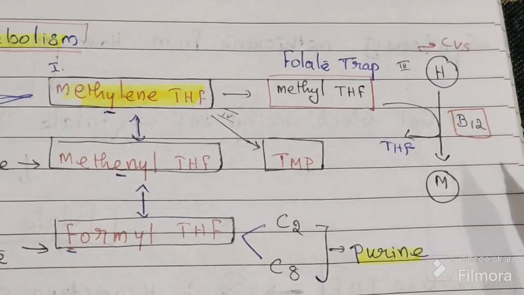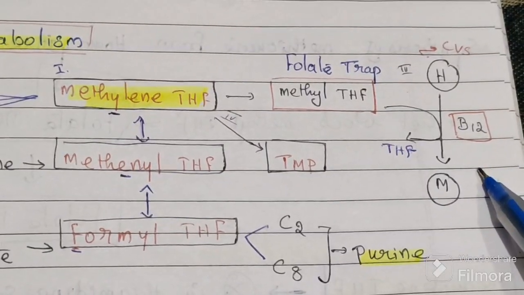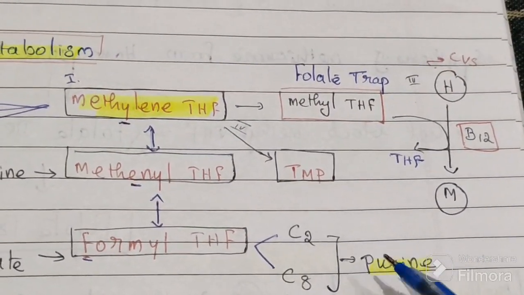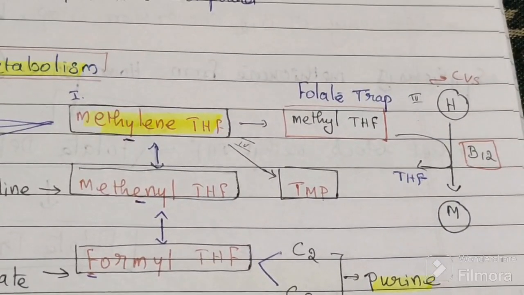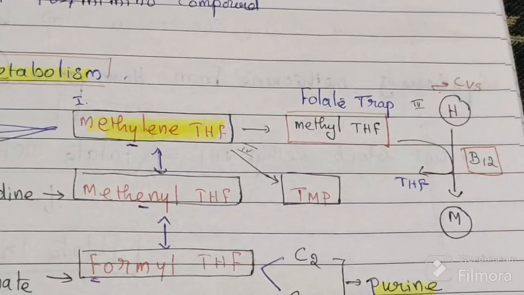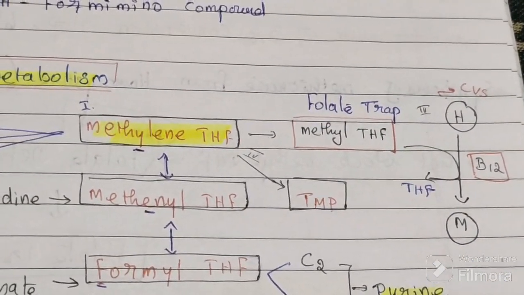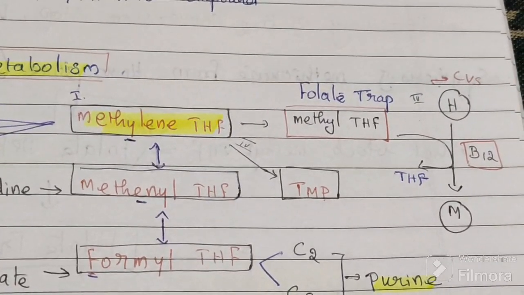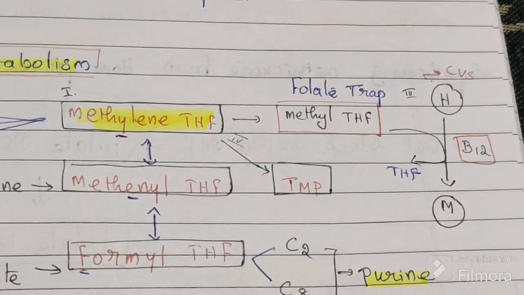If there is a deficiency of vitamin B12, this conversion stops, blocking the synthesis of methionine from homocysteine, and the folate gets trapped as methyl tetrahydrofolate, because the methyl tetrahydrofolate reaction is irreversible.